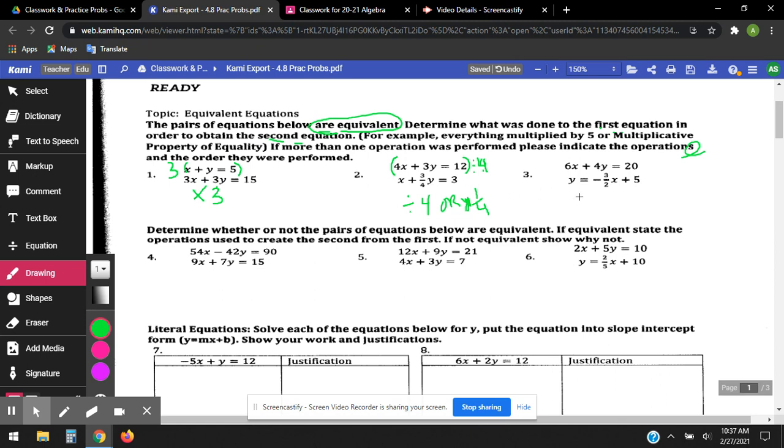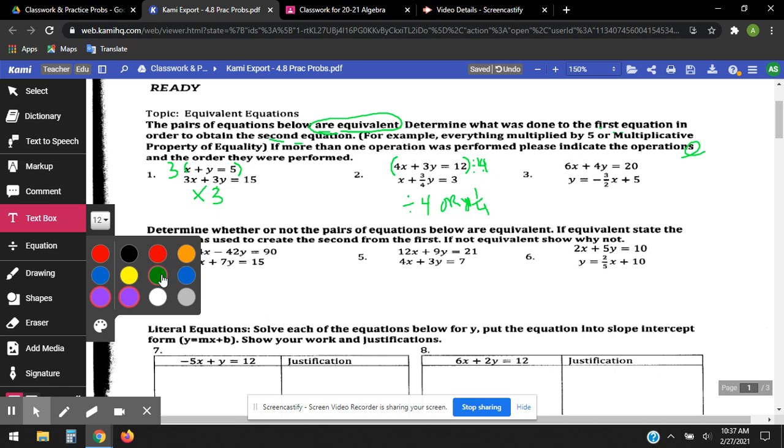Oh, they rearranged it on us. Let's go ahead and rewrite this so it's a little bit easier to compare. So they have the y by itself, the x over here with the 5. Let's add the 3/2 x to put it over here so then it's set up the same way.